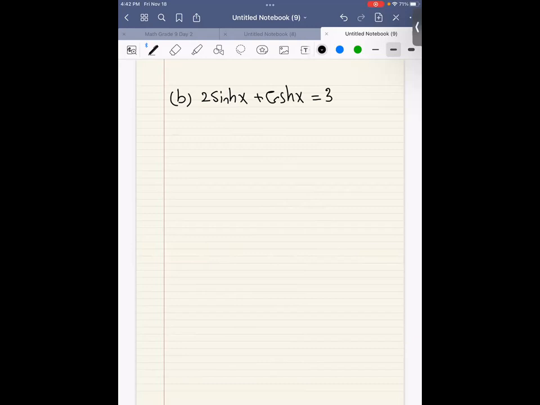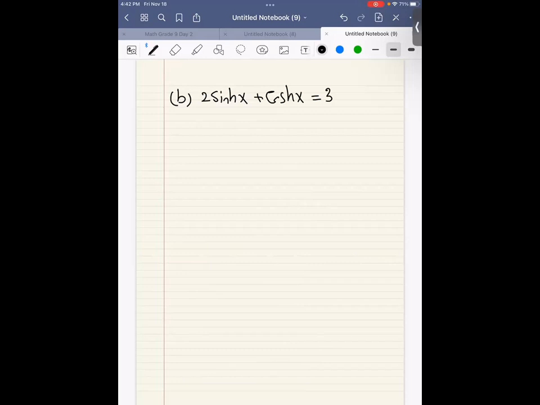The interesting thing about sine hyperbolic is that later we will learn derivatives. We see that the derivative of sine is cosine, and the derivative of cosine is minus sine. These guys also have quite similar derivatives: the derivative of sine hyperbolic is cosine hyperbolic, and the derivative of cosine hyperbolic is sine hyperbolic.